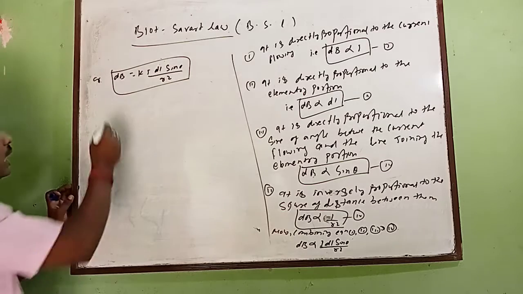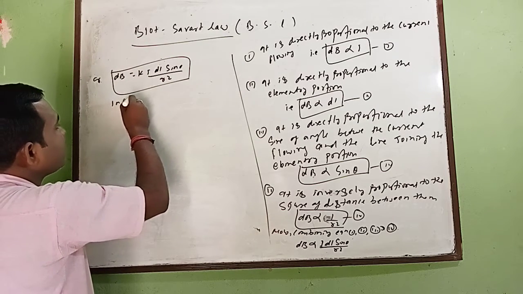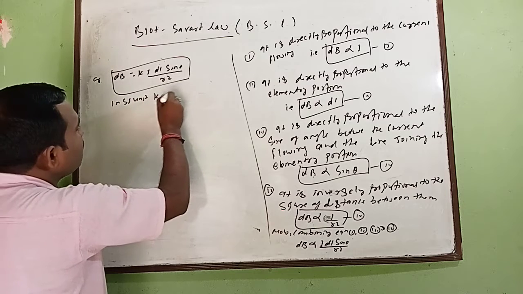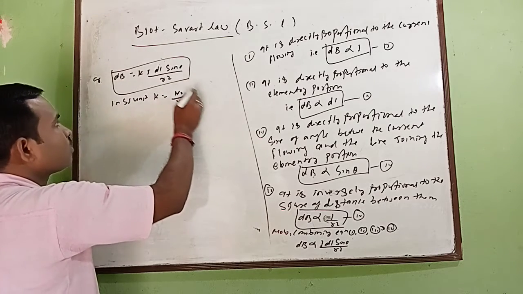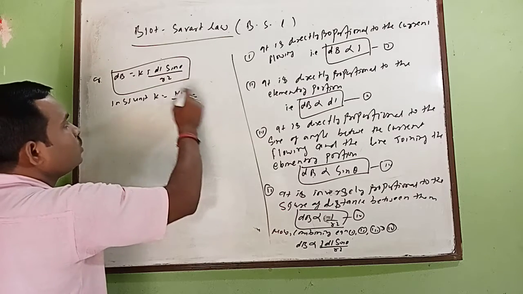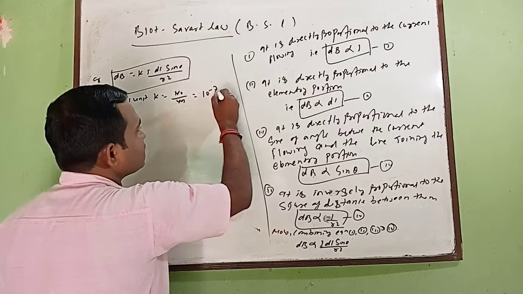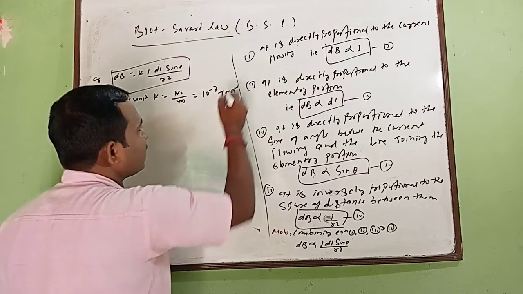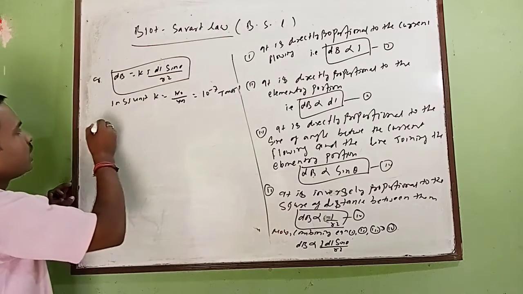Okay, students. And another thing, in SI units, K is equal to mu naught by 4 pi. And the value of mu naught by 4 pi is equal to 10 to the power minus 7 Tesla meter per ampere. So this value you can put.